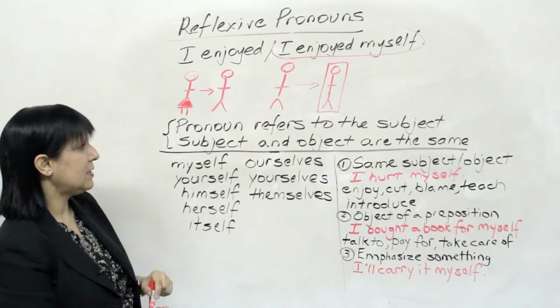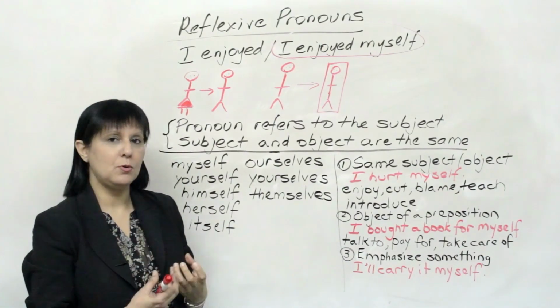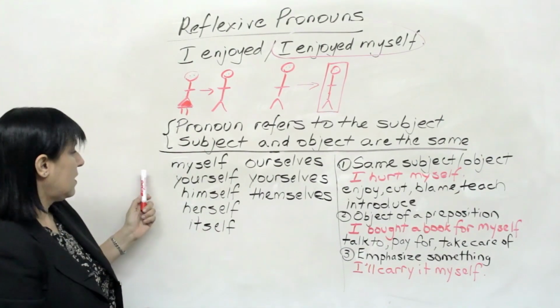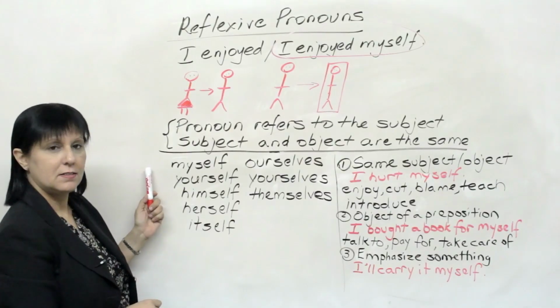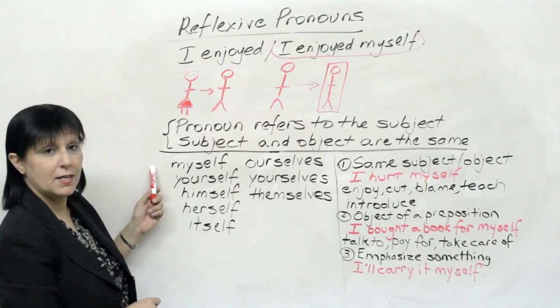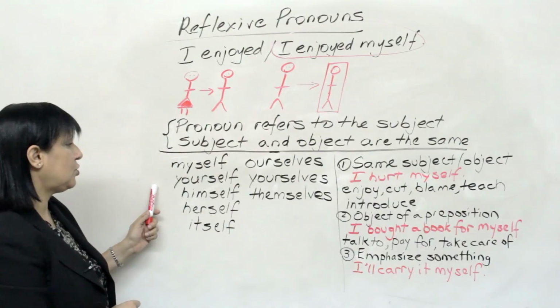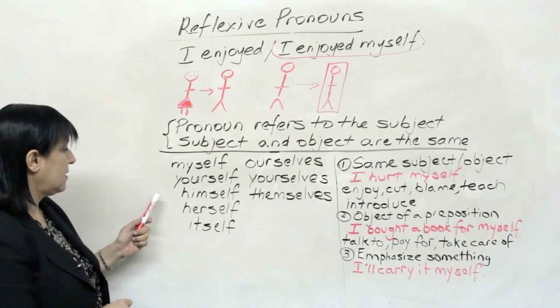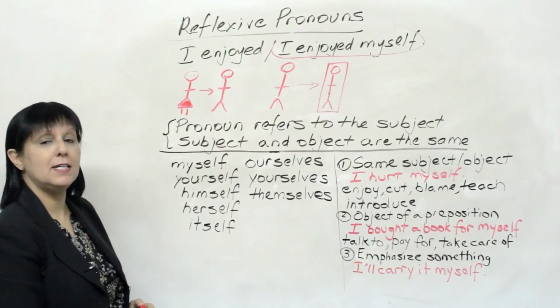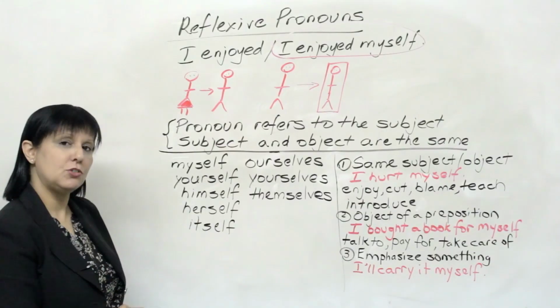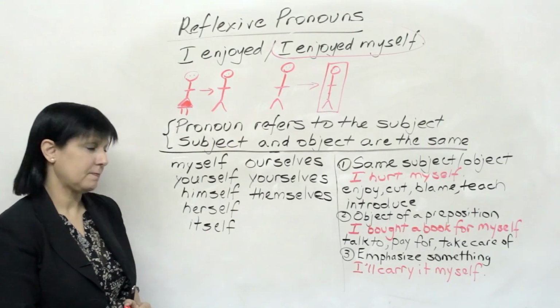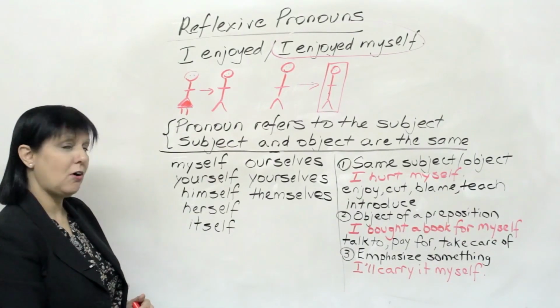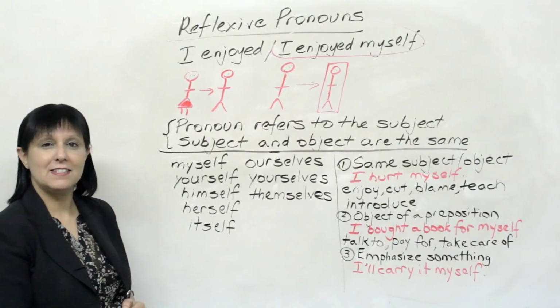All right. So let's go on now to see how to use it. So, I enjoy myself. You enjoy yourself. He enjoys himself. She enjoys herself. Let's say the dog enjoys itself.